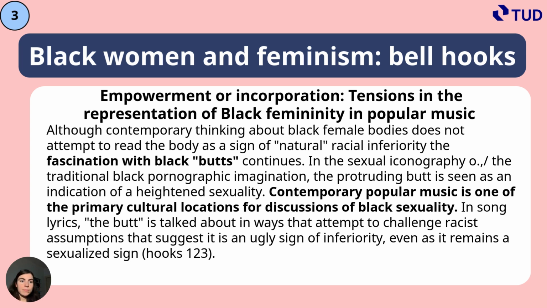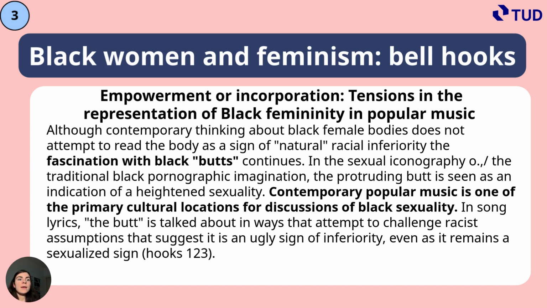You can take your time, stop the video, and read through the quote yourself. I just don't want to read out the whole quote because it would take too much time. What we can see here is that we have certain tropes, certain symbols, certain so-called iconographies. For example, the black butt, as something that is very much associated with Black sexuality and stems from a time where this was represented along the lines of white Western viewpoints.